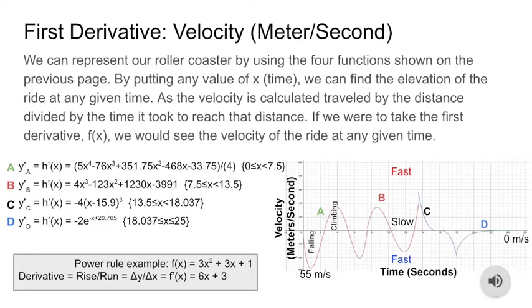And just to show you that, on the final design page, function A, polynomial A, had an x to the 5 term in the beginning, but now it's been reduced to x to the 4. For the graph on this slide, instead of just meters for the y-axis, it's now meters per second, because now it's showing the speed or velocity at every point of the roller coaster ride, not just your elevation.